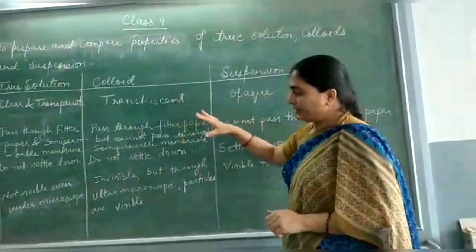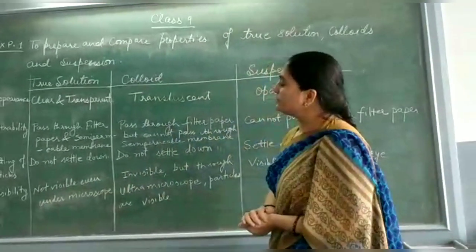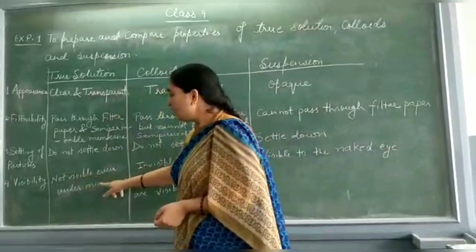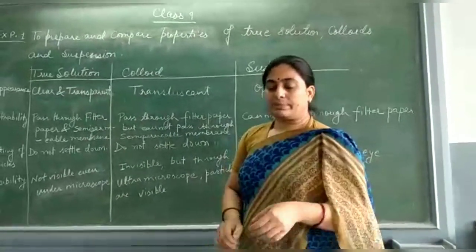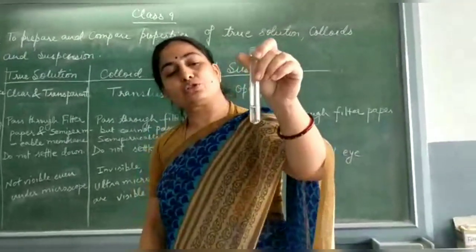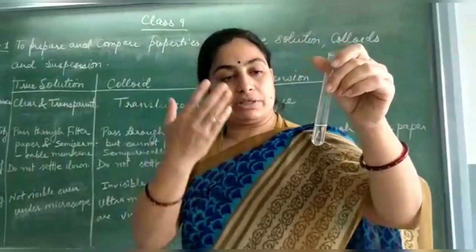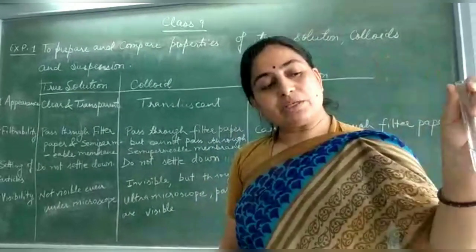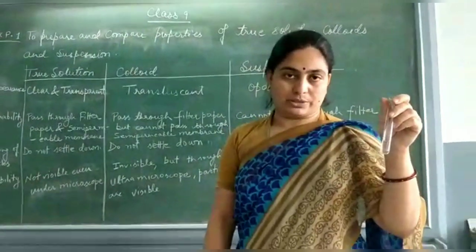At the end, we'll look at visibility, that means how we can see the particles. When we talk about true solution, the particles are not visible even under a microscope. That means the particles are so fine, so small in a true solution that we cannot see them with naked eyes without using any lens, or even if we keep this solution under the microscope, the particles are not visible to us.